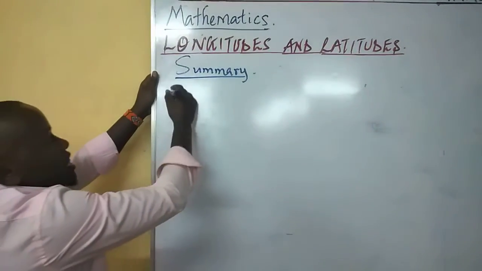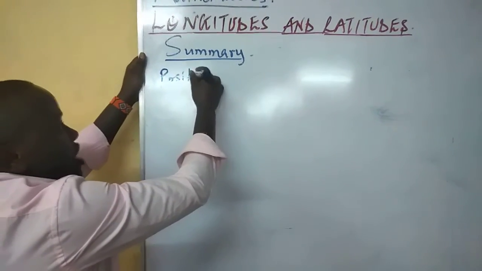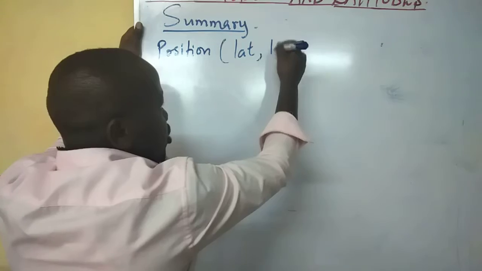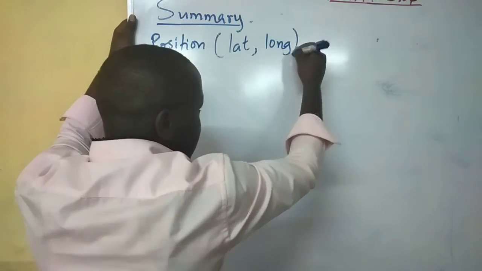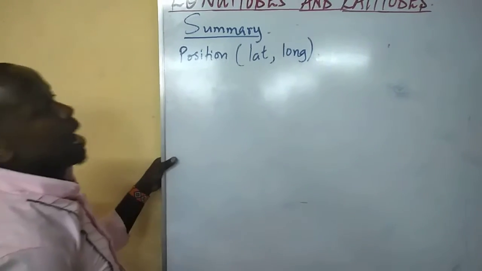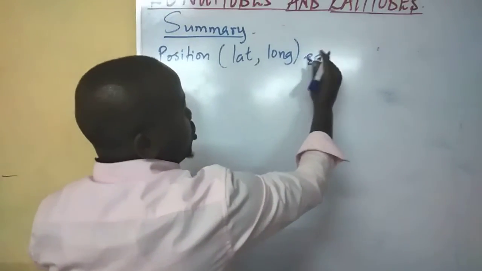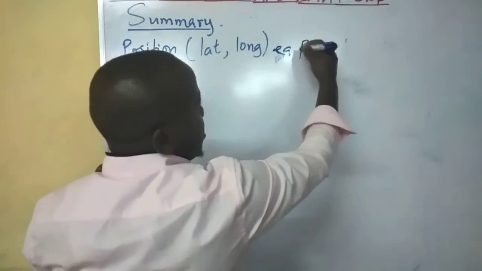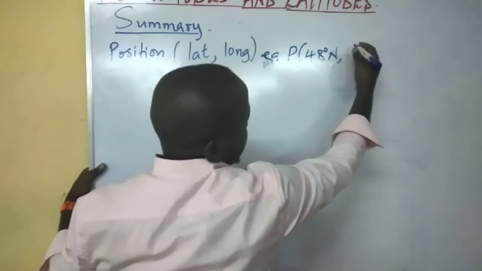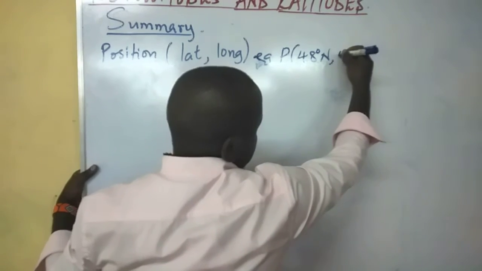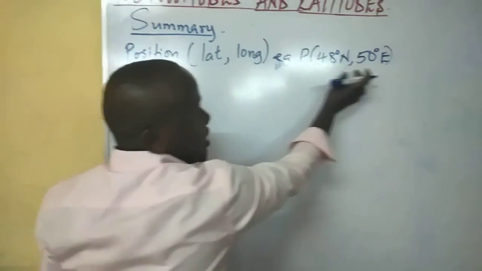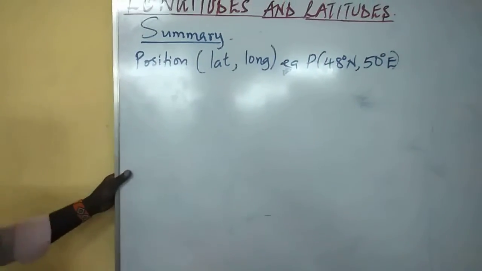We know that the position of a place is given as a coordinate of the latitude and the longitude in that order. For example, we can have town P as 48 degrees latitude north, then 50 degrees east. This is the latitude, this is the longitude, where town P is.